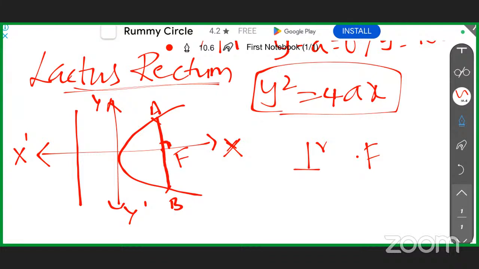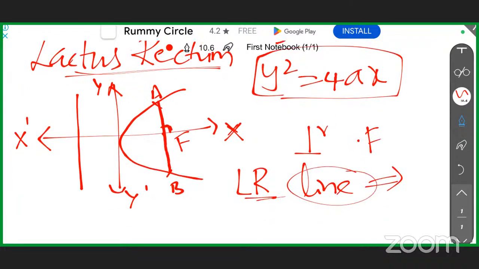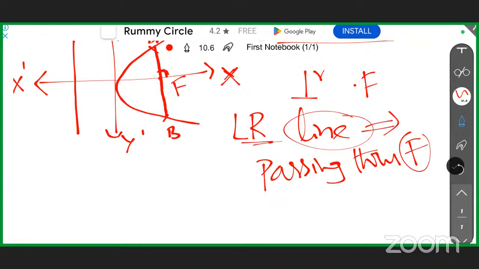Latus rectum means, first of all, it's a line. What kind of line is this one? It's a line passing through focus F. I'm telling the characteristics of this line.